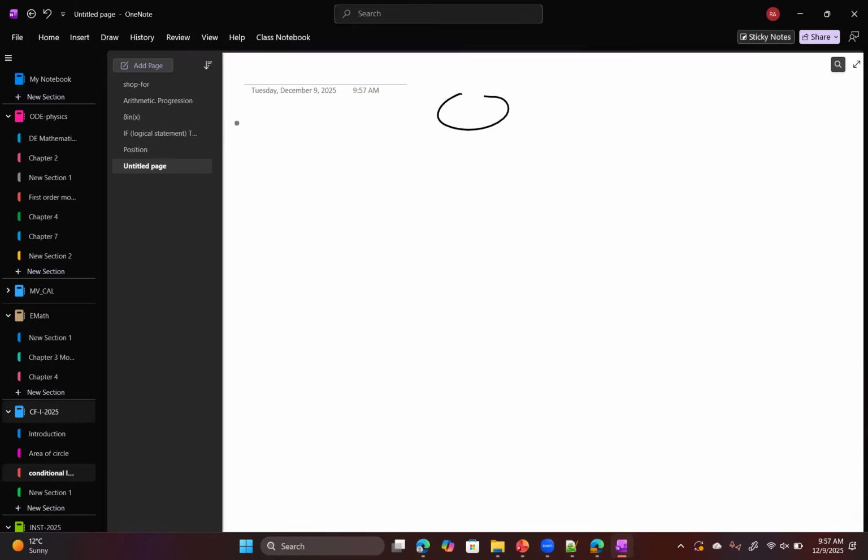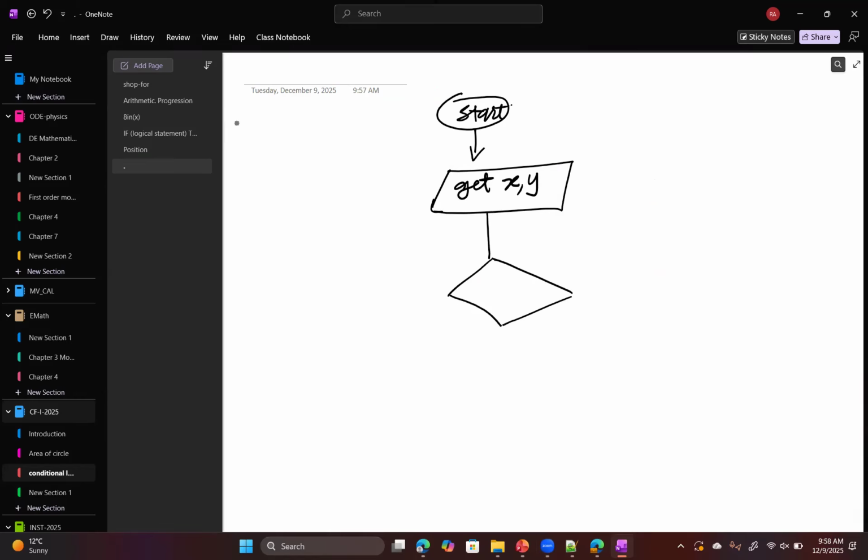There is going to be the start. After the start, the program should read. Our desire is to get the values of x and y, right? Then I make a first check with the diamond.